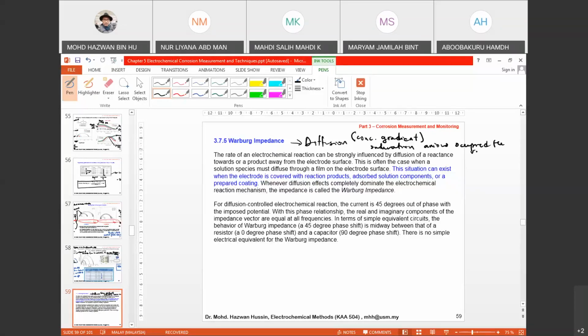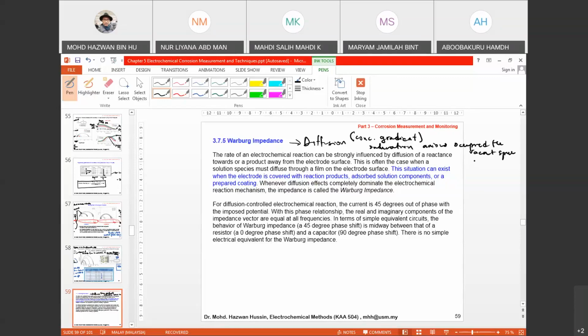The vacant space on the working electrode surface.